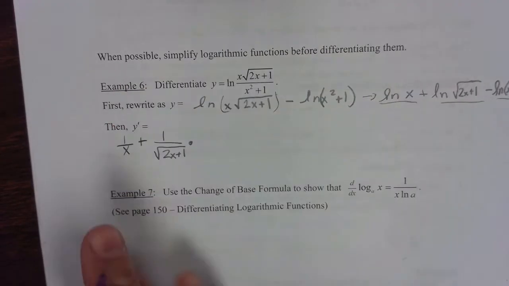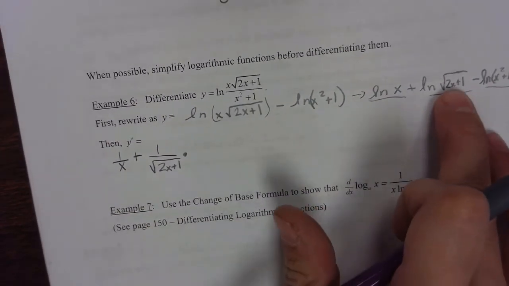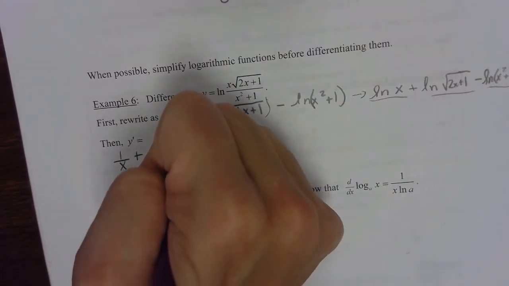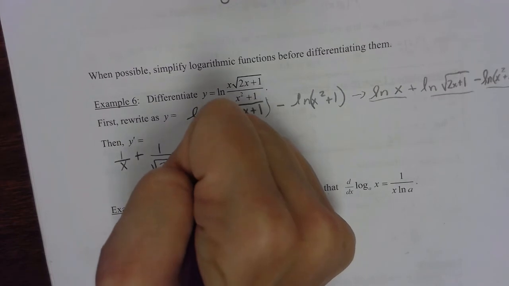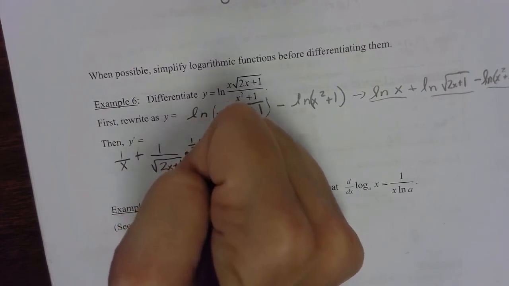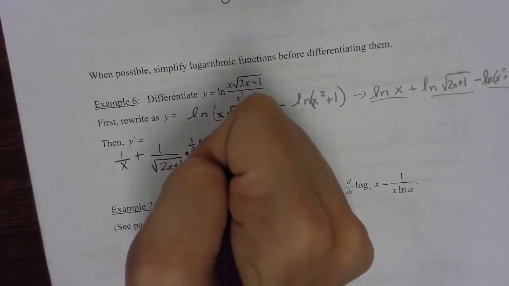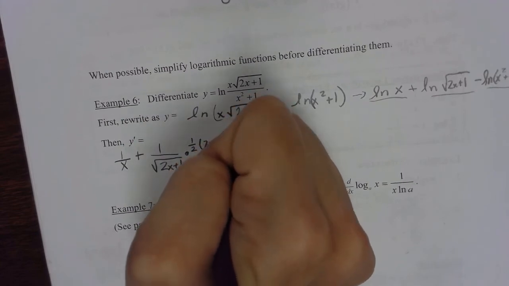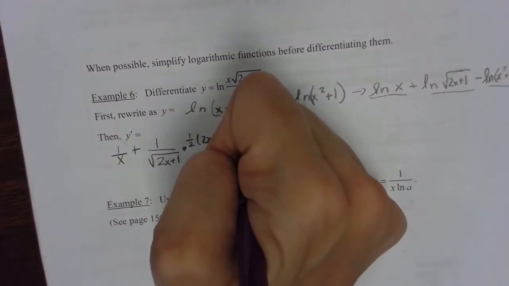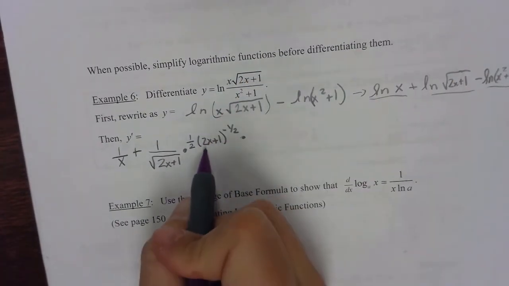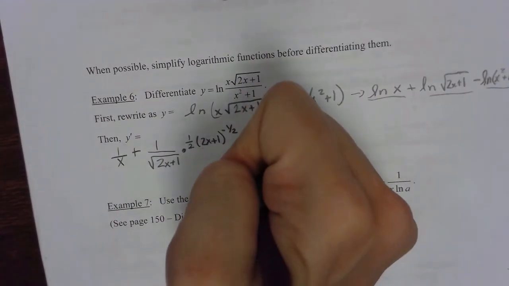So let's remember this is 2x plus 1 to the 1/2. So that's 1/2 times 2x plus 1 to the negative 1/2. It has a chain rule in there, so times the derivative of 2x plus 1, which is 2.